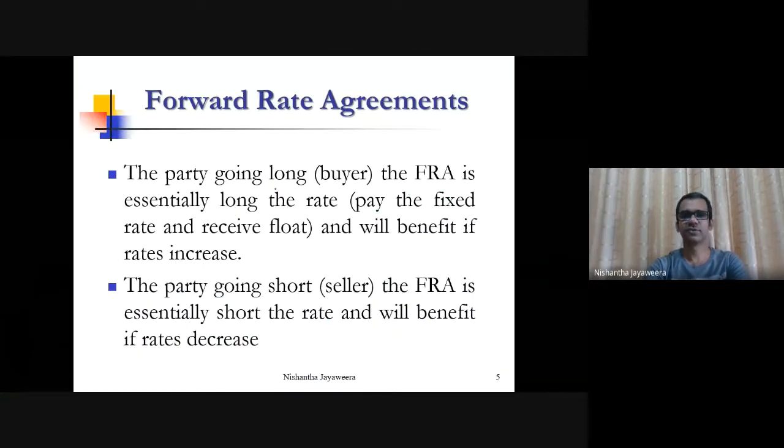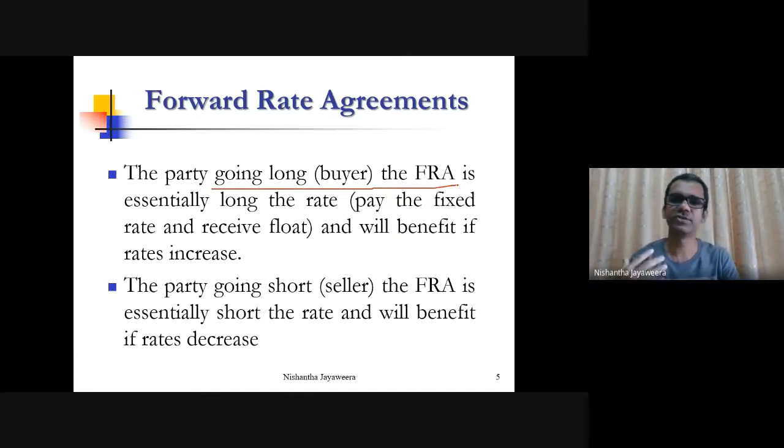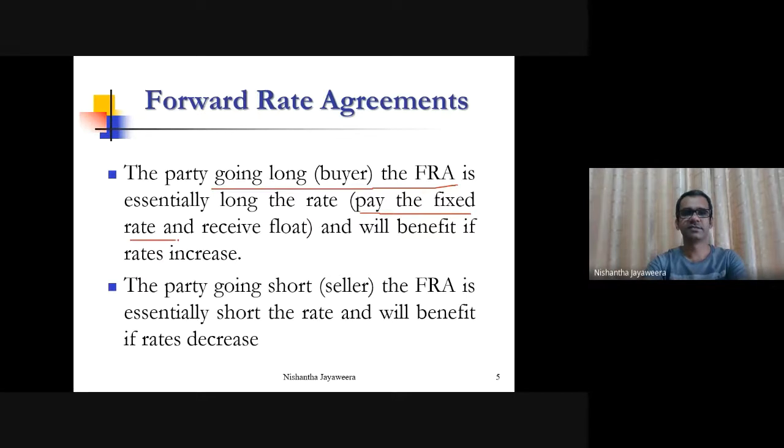So the party going long, that means the buyer of the FRA, you are buying a forward rate agreement, or you sell a forward rate agreement. When you say you are long or you are a buyer of the FRA, what does it mean? You agree to pay the fixed rate and receive the floating rate. So that's why it is essentially long the rate.